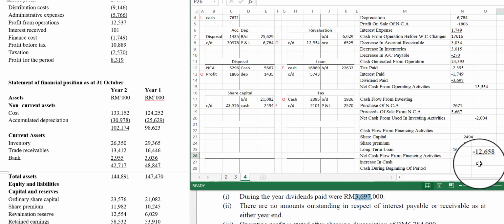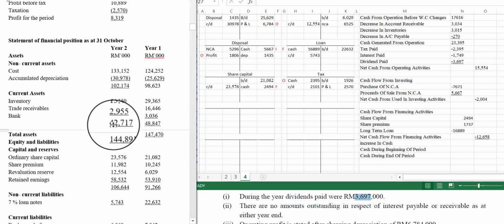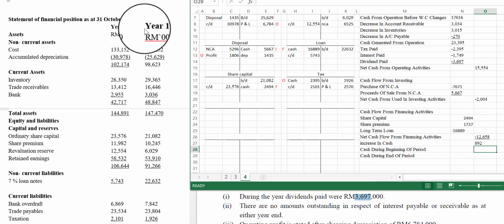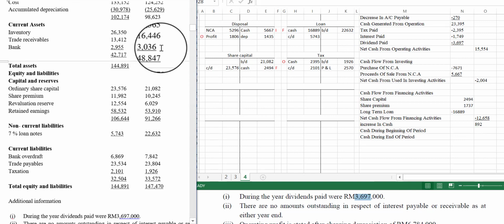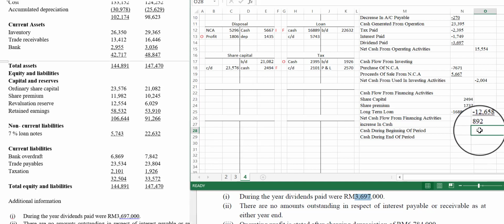Okay, next one. So the increase in cash, if you look at here, total up, you have an increase in cash of 892, and then cash during the beginning period, this is year 1. So your beginning period, you should have 3036 minus 7842. You should have minus 4806.